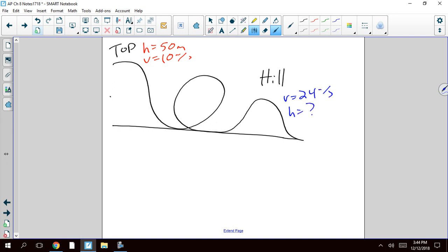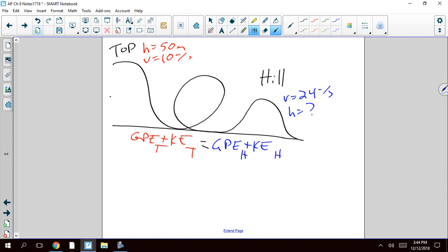So this is very, very similar to what I just did. The total energy, so what forces are there? There's gravity, conservative, normal force, perpendicular, so total energy stays constant. So we're going to have that the GPE plus the KE at the top have got to equal the GPE plus the KE on the hill.